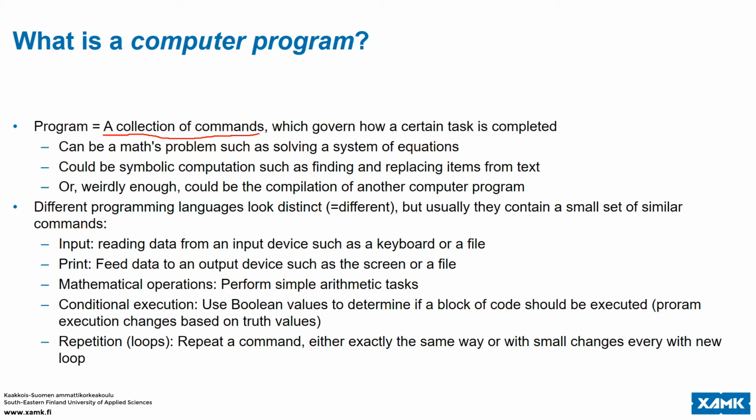This task could be anything. It could be a math problem, such as solving an equation system. It could be something like symbolic computation, like finding and replacing items from text. It could be retrieving a resource from the internet, or oddly enough, it could be the compilation and execution of another computer program.